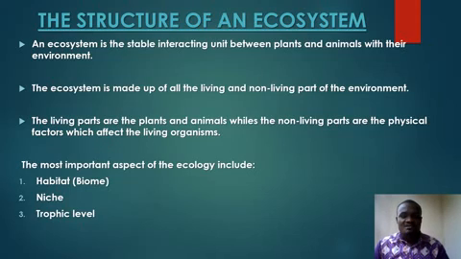So as far as ecology, as we studied last time, is concerned, there are three aspects of it. We have what they call habitat, niche, and trophic level. You can find time to read on the niche and then the trophic level.